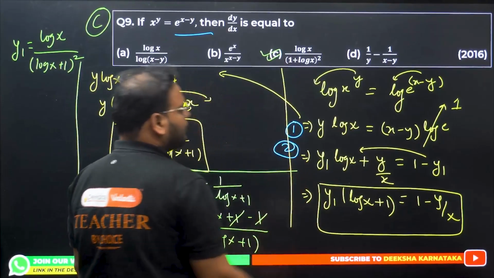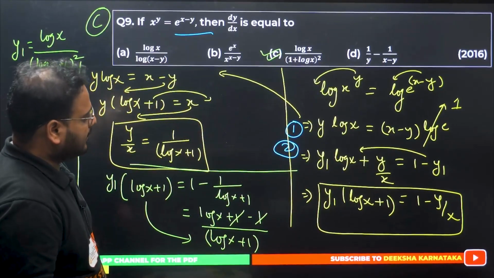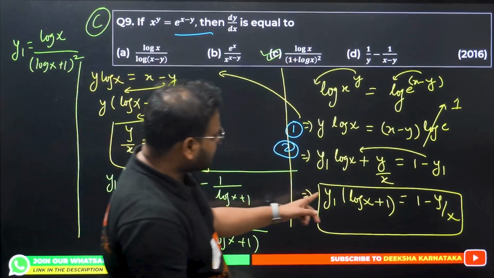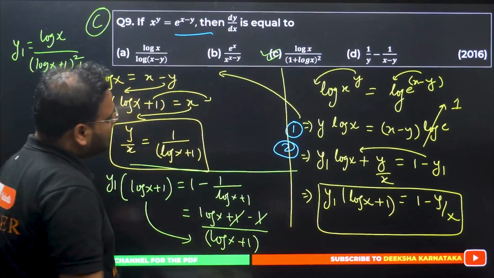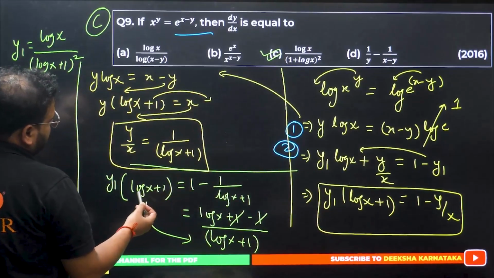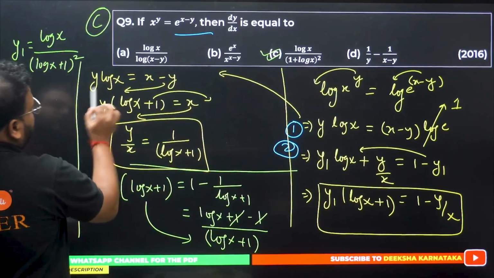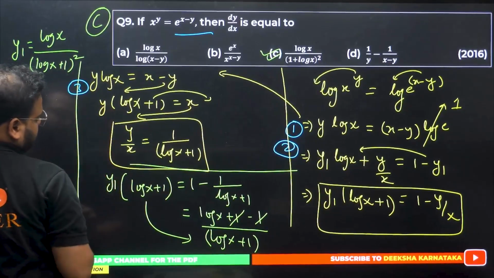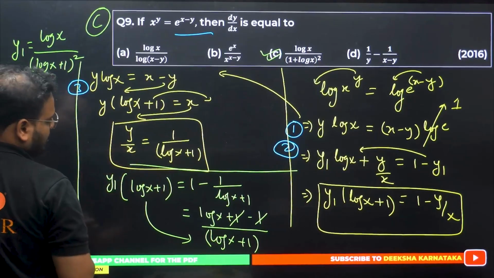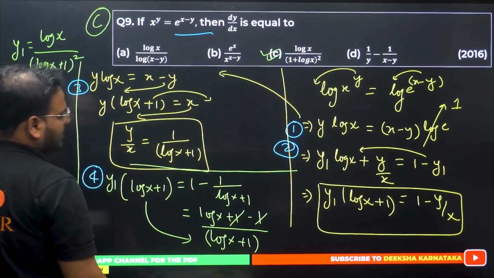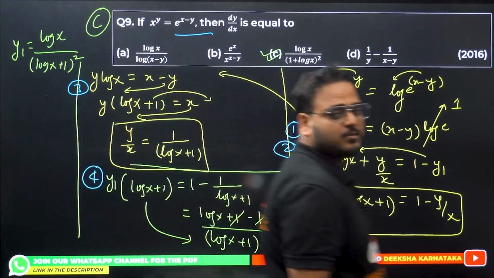Second step we have to do. Third one you can do from here. From here only you can see this step is not required. Fourth. So a total of 4 steps is required in this question.